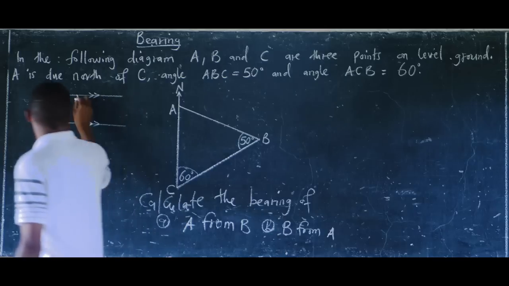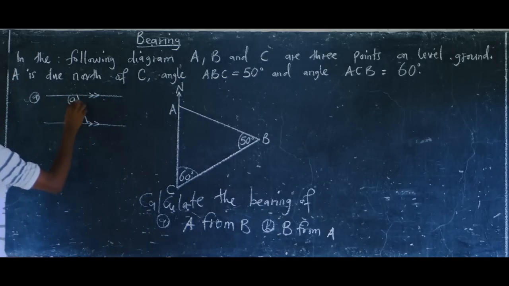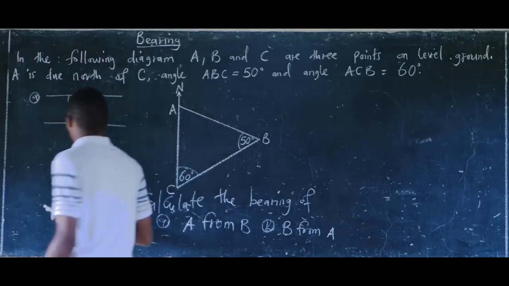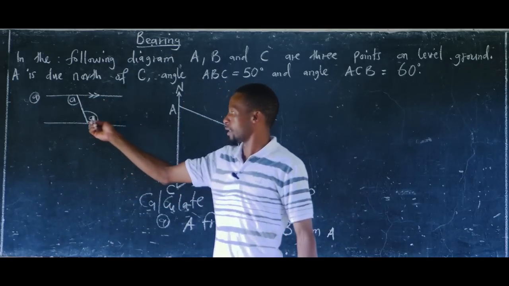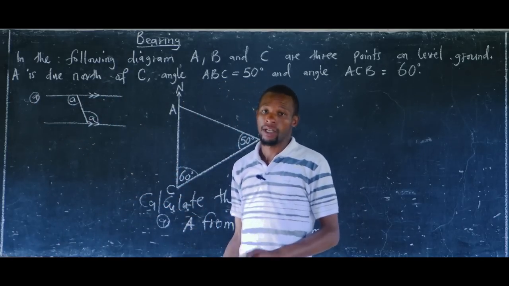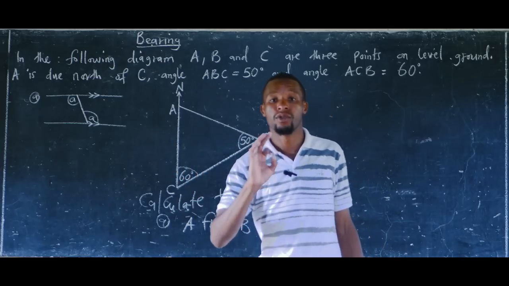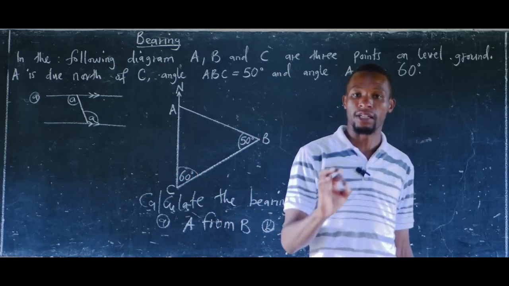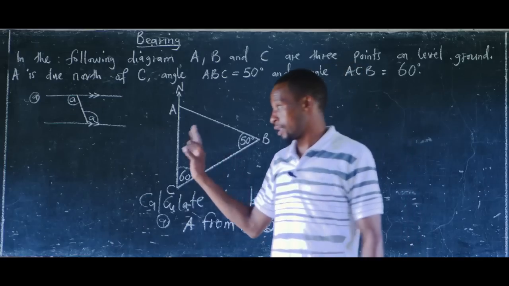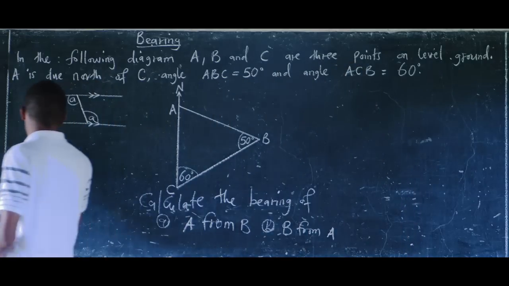Meaning this angle here and this angle will be the same. This is one of the concepts that we normally apply a lot when we're solving bearings. That's the first concept. We go to the second concept.